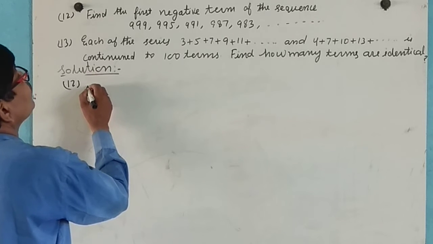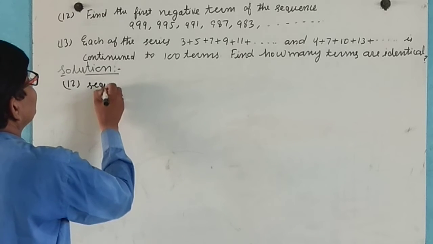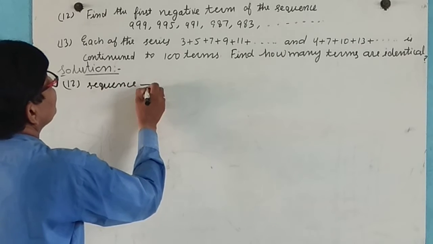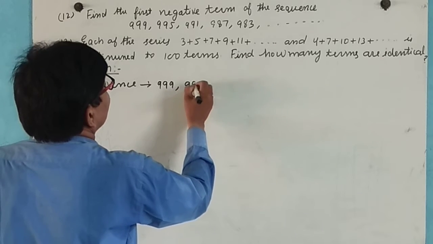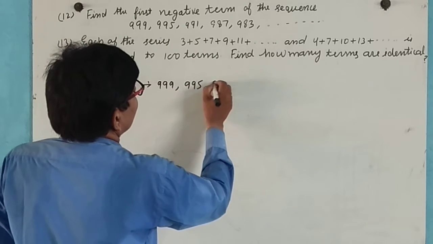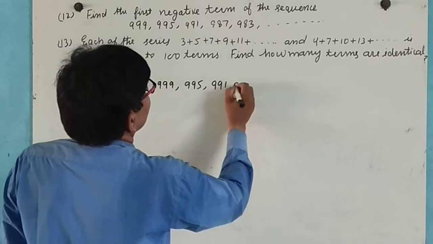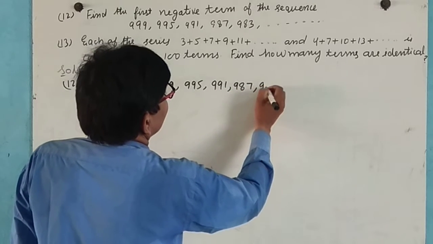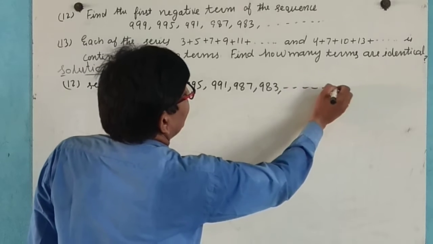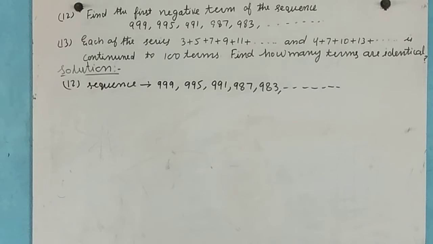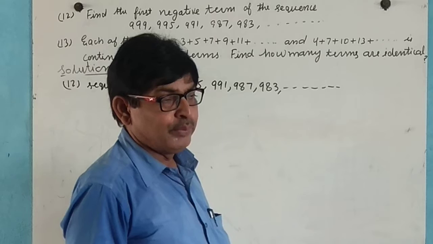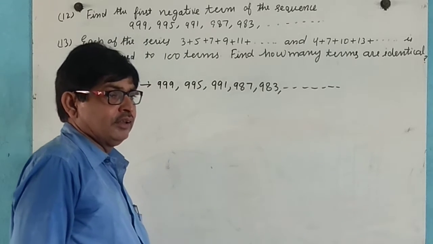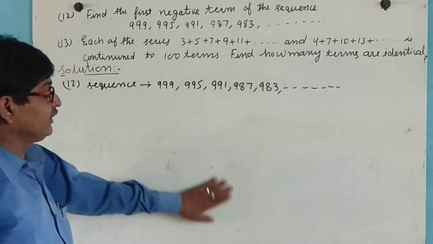The sequence is 999, 995, 991, 987, 983 and so on. Here, as we see the sequence, by looking at any sequence we can guess whether it is in AP or GP. After that we test it.